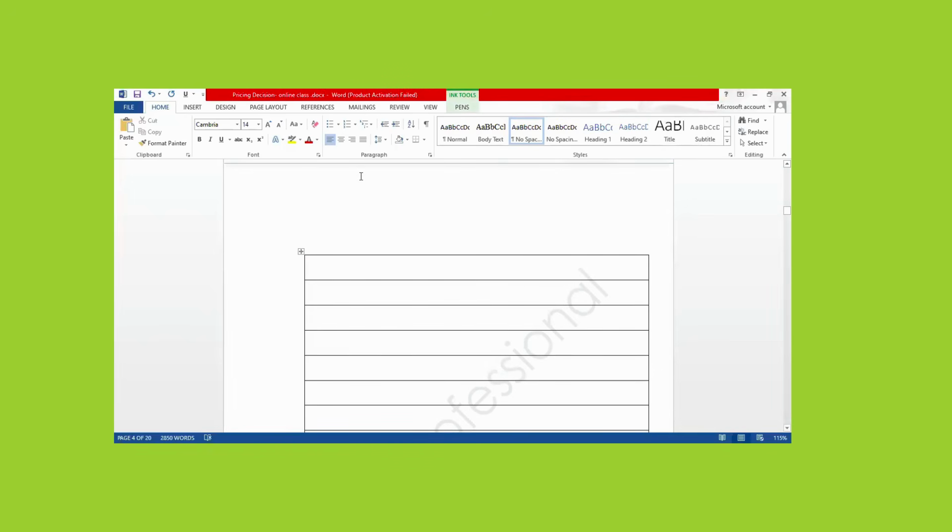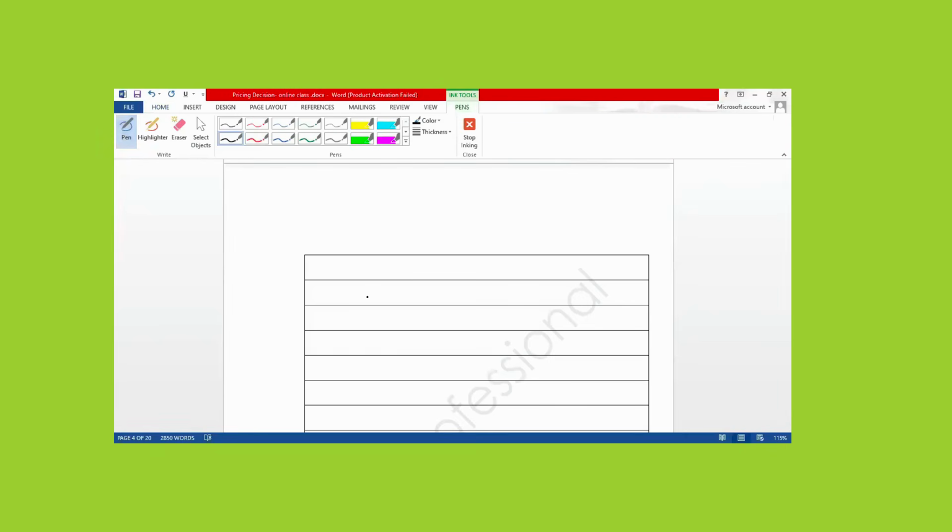Now look at the process. First, you start with the price function, or you call it the price equation.